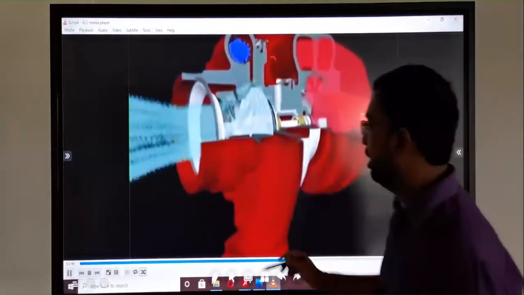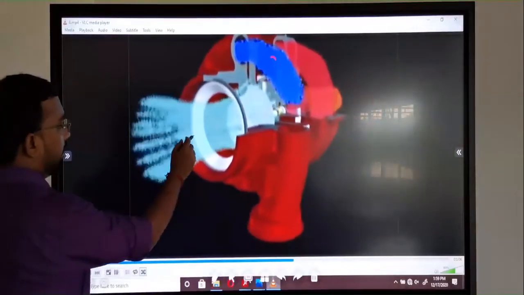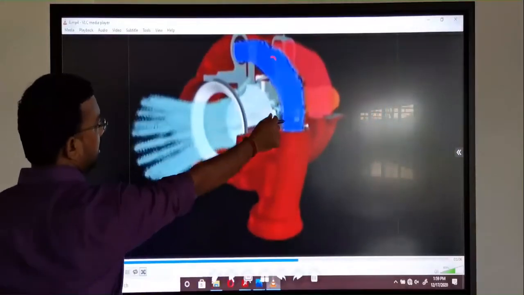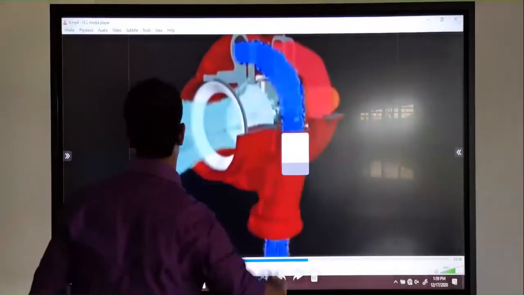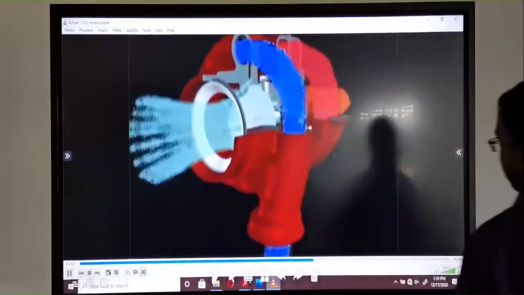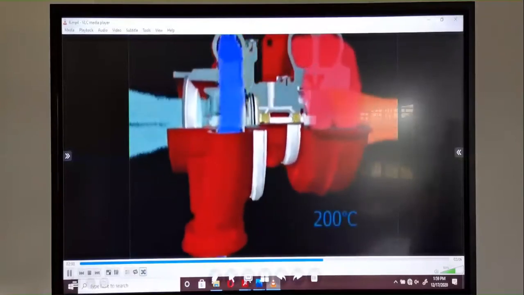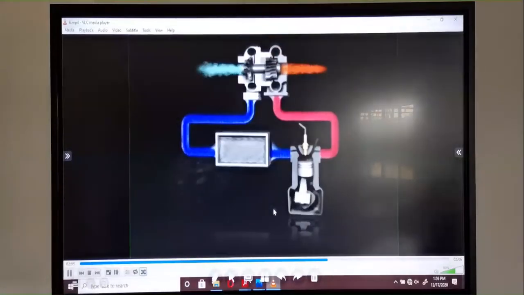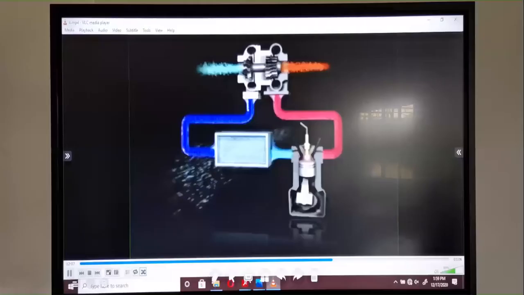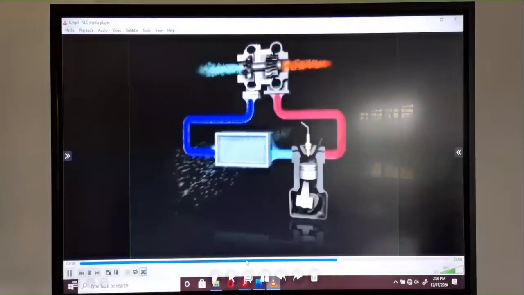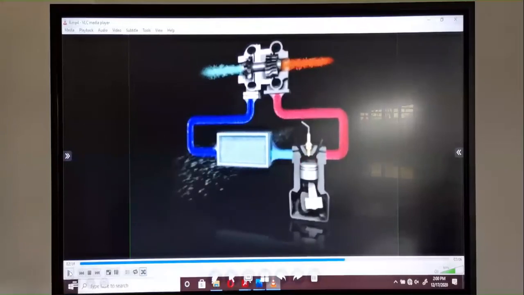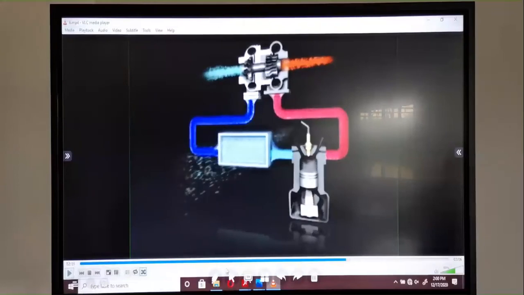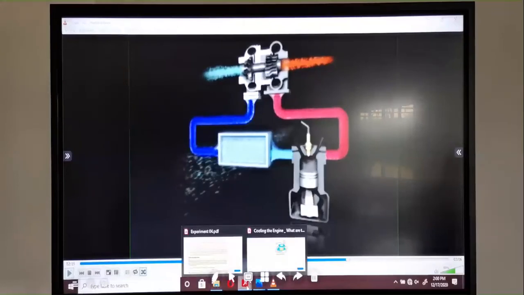The intake air comes to this manifold according to the wheel rotation. It is pulled into the intake manifold. Okay, this is the process of the turbo intercooler.